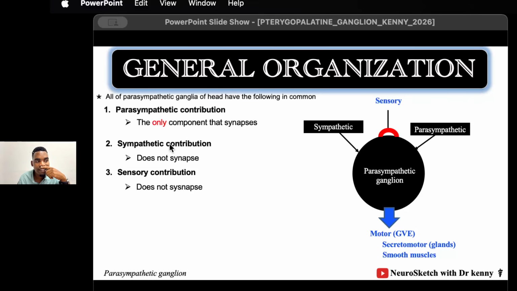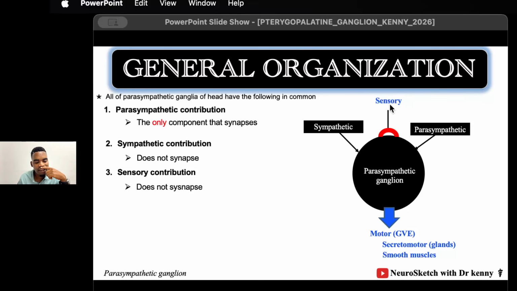These are the parasympathetic ganglia, the relay centers for parasympathetic fibers, so the only component synapsing here is the parasympathetic.